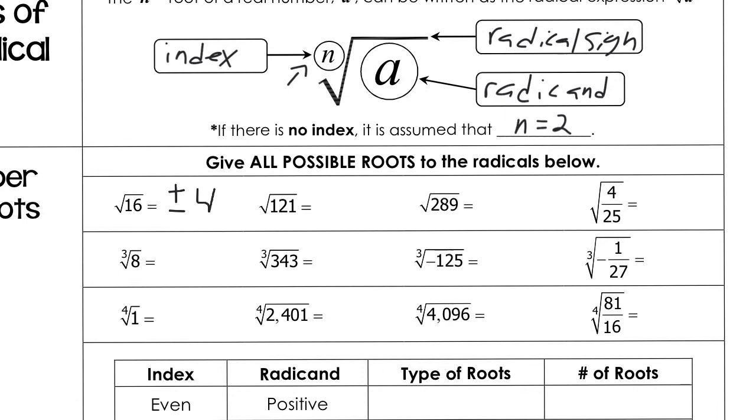Okay, the cube root of 8 is 2, and it actually couldn't be negative 2, because if we took negative 2 and cubed it, we would get negative 8. So in this case, it's just positive 2. And then the fourth root of 1 is positive or negative 1, because if you took negative 1 to the fourth, that would be 1, and then 1 to the fourth would be 1. So you just try these out. For each of these, give all possible roots.